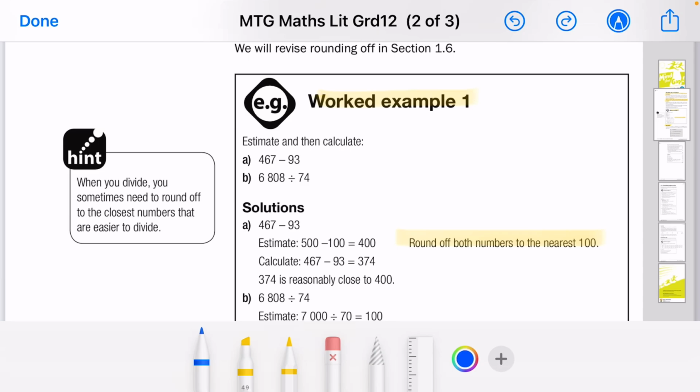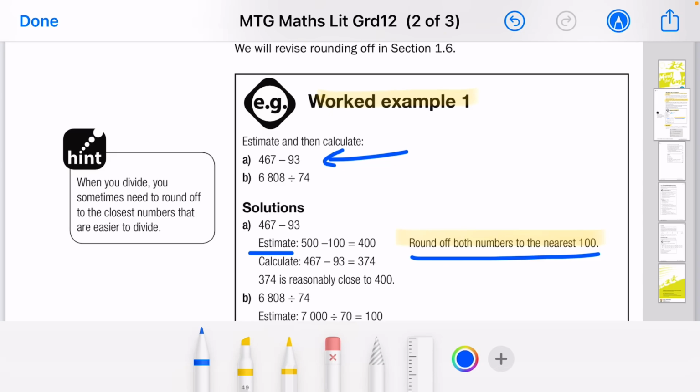This is our very first question A, which is 467 minus 93. So we need to firstly estimate. When you estimate, you round off the numbers to the nearest 100. In this case you round off both numbers because you're given two numbers.